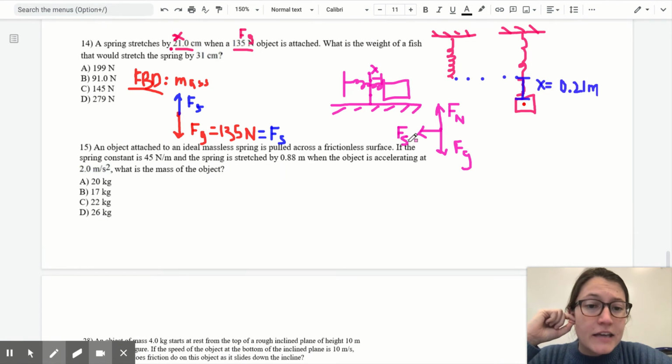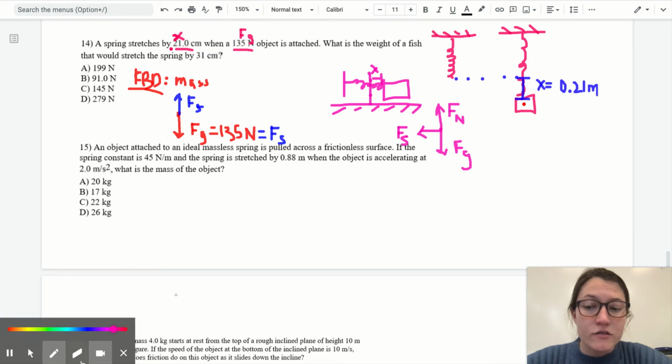Okay, so in this case, the spring force is not equal to the force of gravity if it's a horizontal spring mass system. That is only true in a vertical spring mass system because the weight is what causes the stretch.